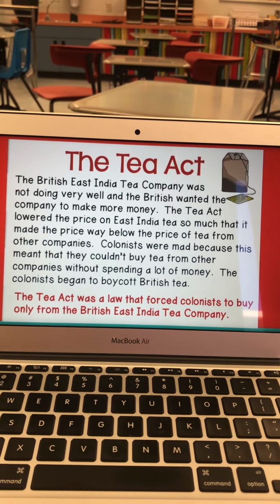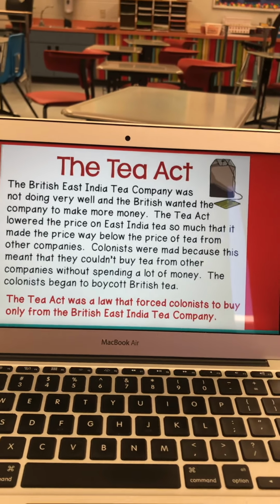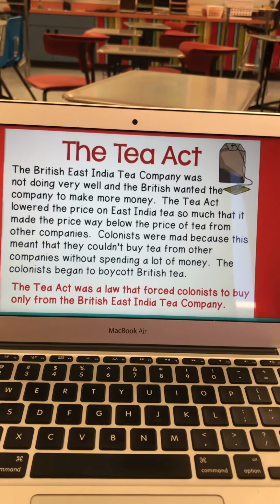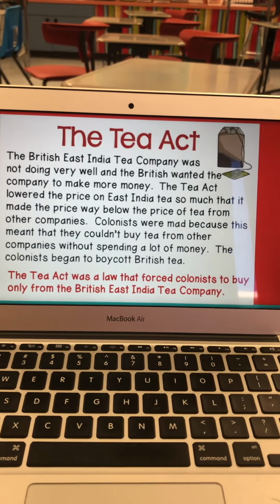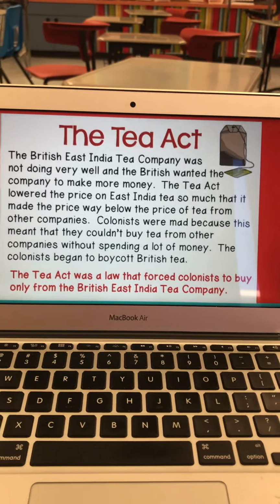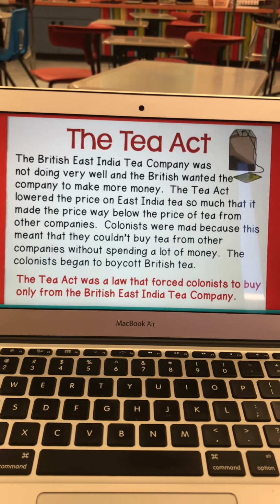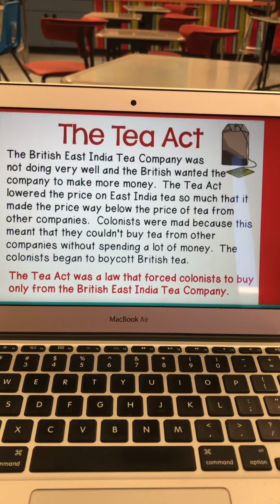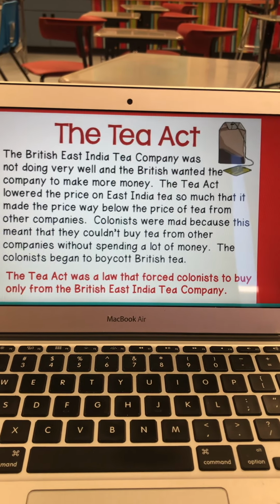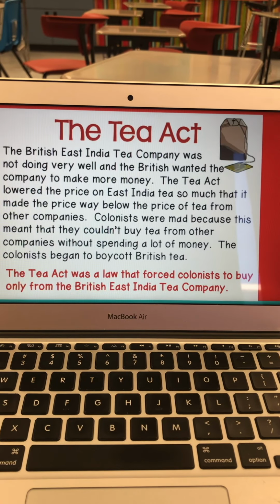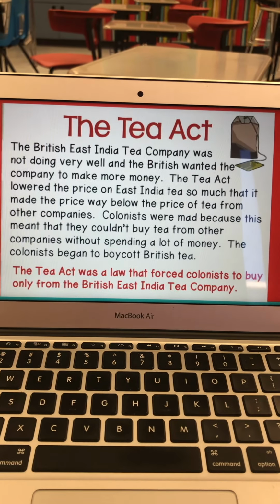But let's say that the British decided to say, I can't shop at Hy-Vee anymore. I have to shop at Quick Start for everything I need. The prices are lower, but it's about the British telling me that I need to go shop at Quick Start.